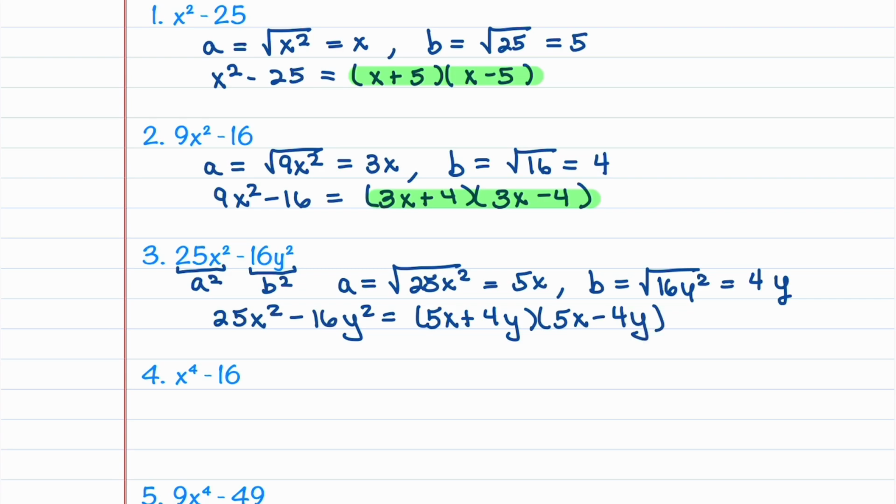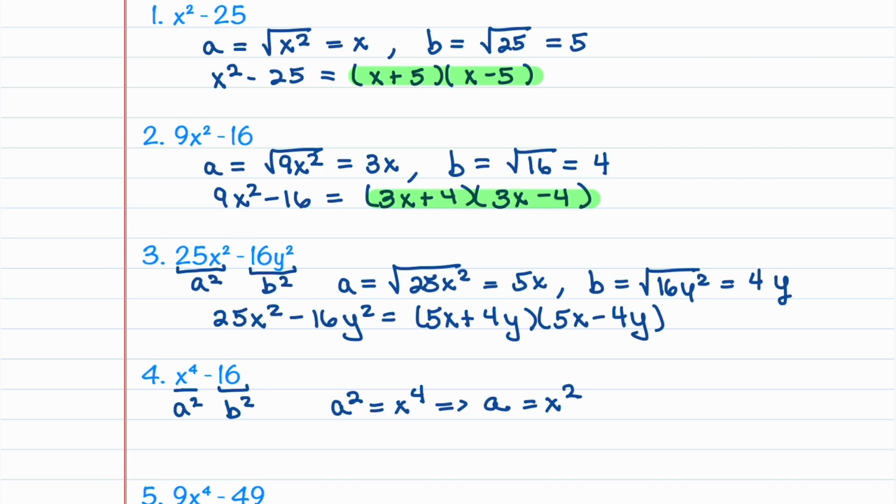Let's now look at example number 4. This one's a little bit harder because notice that we have an x to the fourth there. X to the fourth is a squared, and then our 16 is going to be b squared. Let's now find out what a is. So a squared is equal to x to the fourth. So that means that a is going to be x squared.